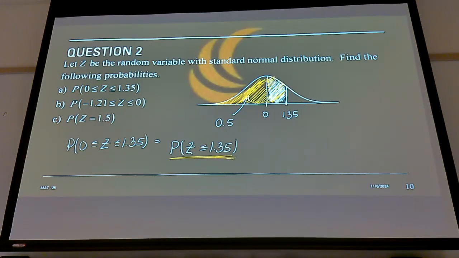Subtract from that the 0.5, right? That'll give you what's left in the middle, the white. Because we can find that area in the chart, can't we? Less than or equal to 1.35.